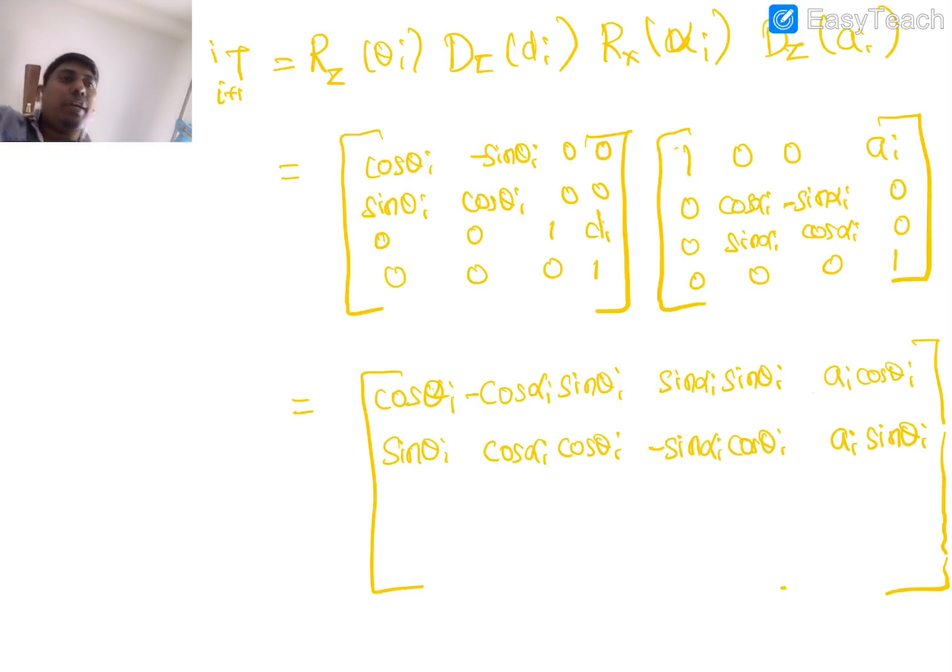And we go further, so the third row first column would be 0, third row second column would be sin alpha i, the third row third column would be cos alpha i, and third row fourth column would be d i, and the remaining is like this.